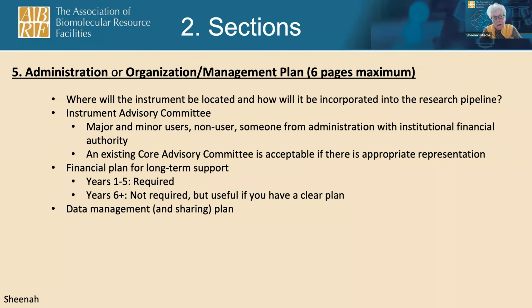But the recommendation is to include year 1 operation costs and then years 2 through 5 operation costs. Those include line items, for instance, your staff salaries for who is going to be responsible for the operation and maintenance of the instrument, service contract costs, supplies, and any associated chargeback revenue.